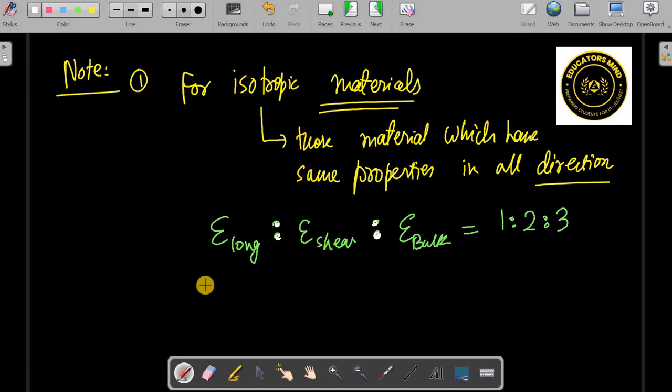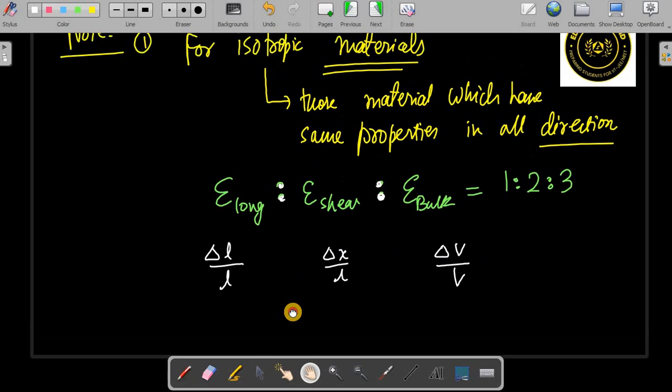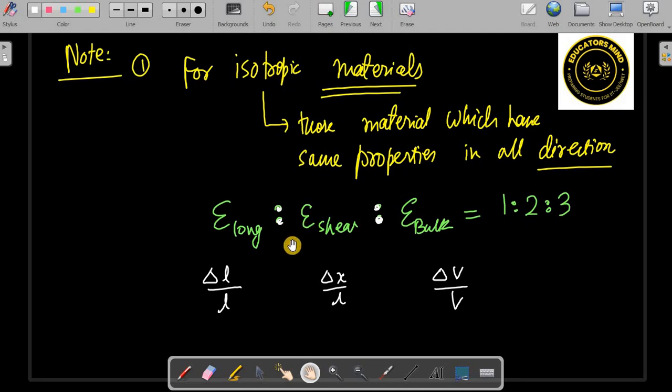Elongation means delta L by L, shear means delta X by L, and bulk means delta V by V. So they are related if we study their equations, but right now we don't go into more detail about that. Okay, this we should note.